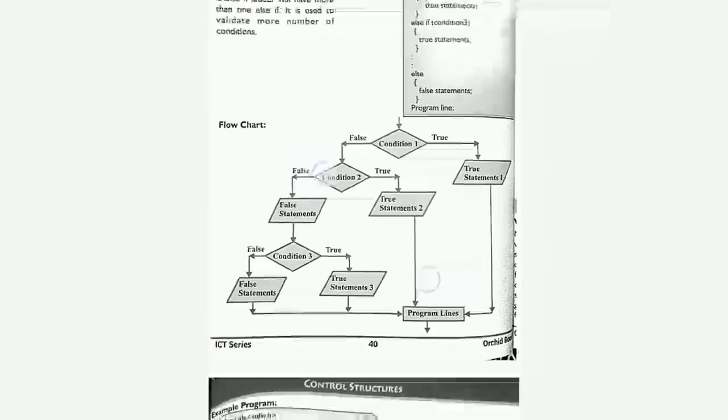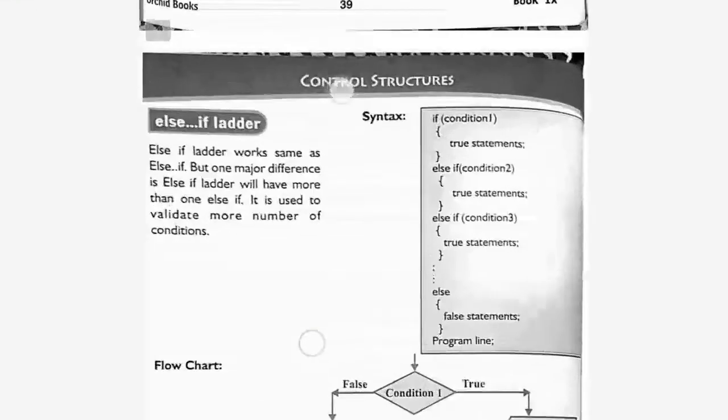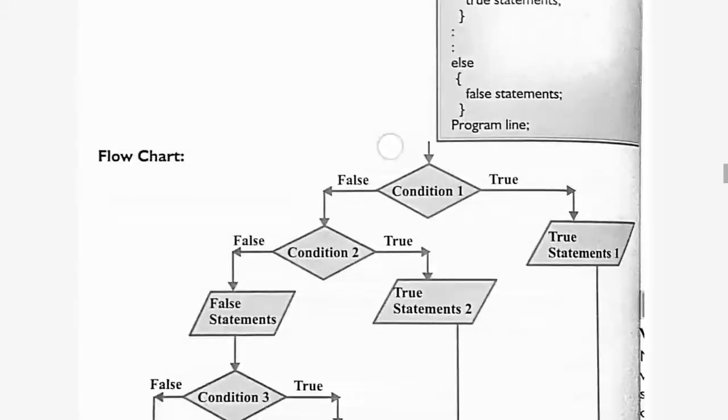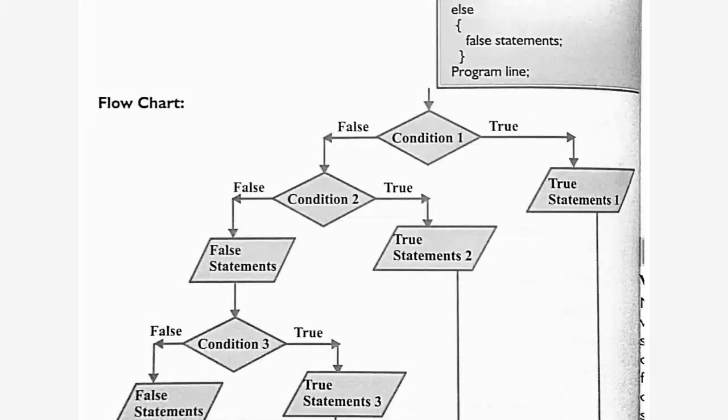In the else part of every condition you can see another if statement, so this is known as the else if ladder. Multiple numbers of conditions can be checked by using this else if ladder.